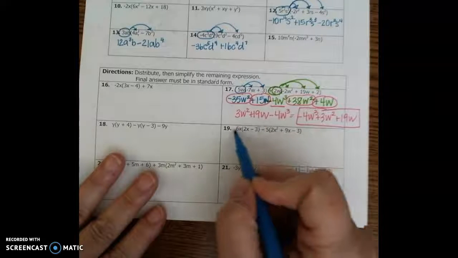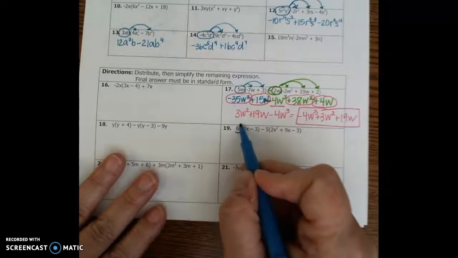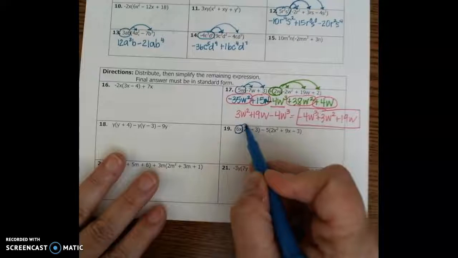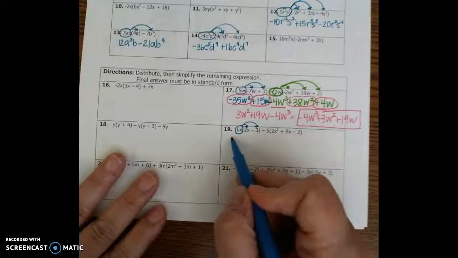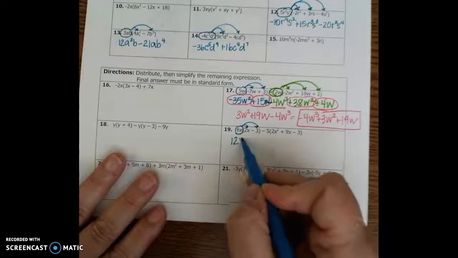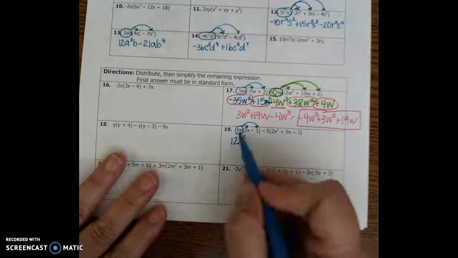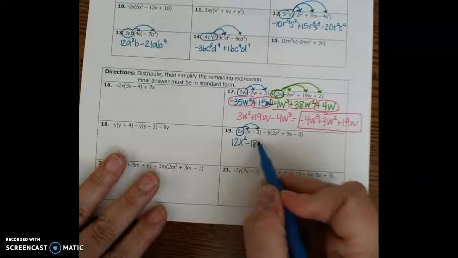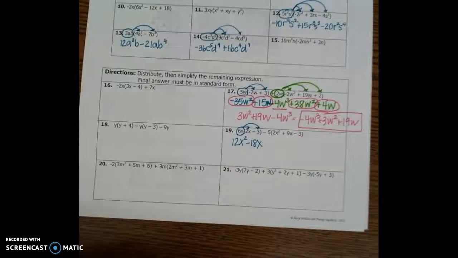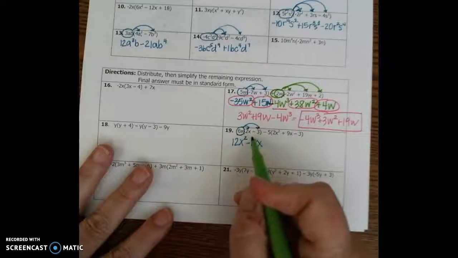So I'm going to start with this first one on the left. I want all of 6x, and I'm going to distribute just like we did above. So we got 6x times 2x is 12x, and there's 2 of them, so 12x squared. 6x times negative 3 is negative 18x.